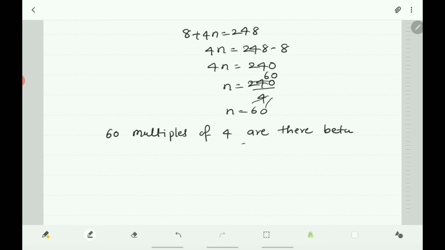There are 60 multiples of 4 between 10 and 250.